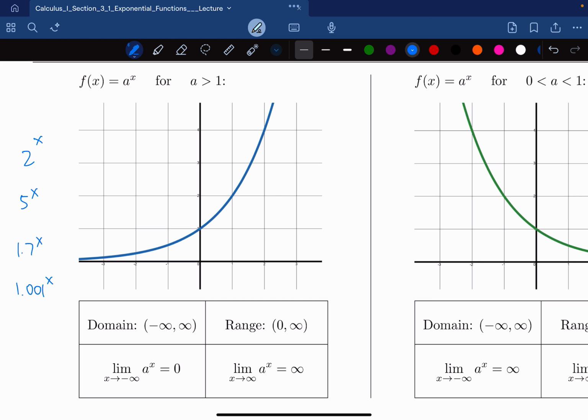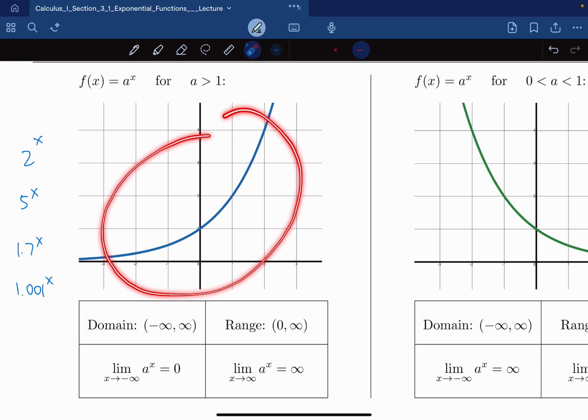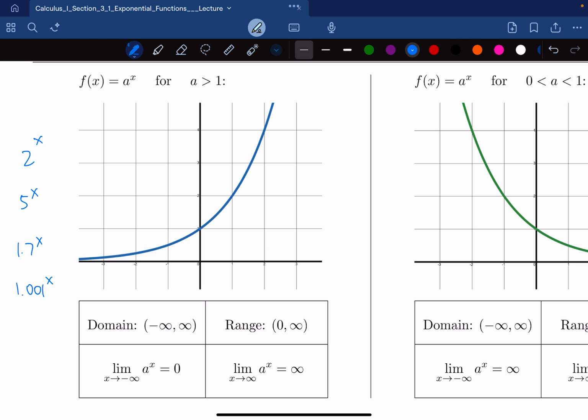All of their functions look very similar to this. The important part is that they're always going to cross here, which is 0 comma 1, because for any exponential function, when you plug in 0, you're going to get 1. Everything else looks basically exactly like this shape.